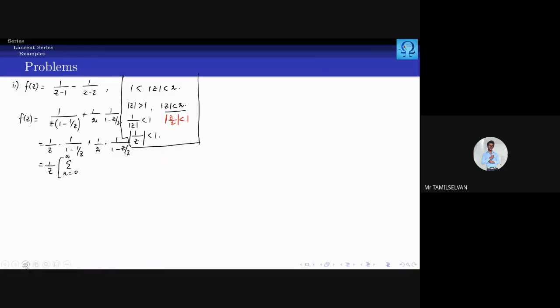My question is, if you have 1 upon 1 minus z, then what is the expansion? Summation n runs from 0 to infinity, z power n. Am I right?